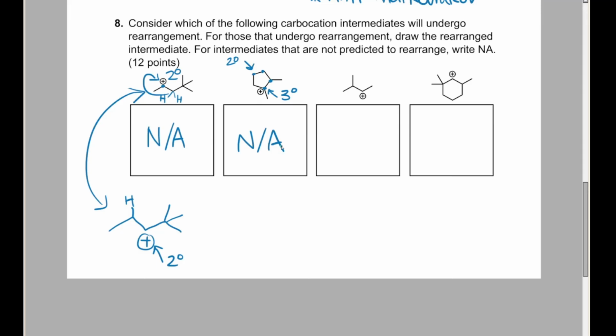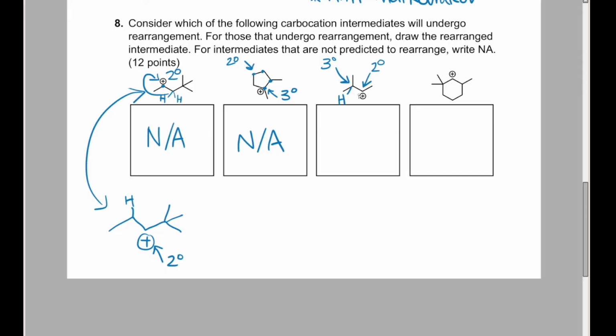For the third carbocation, this one will rearrange because, as you can see, the original carbocation is a secondary carbocation, whereas this potential carbocation is only one carbon away, so it can shift. If the carbocation shifts over here, it'll be tertiary, which is more stable than a secondary carbocation. And in this case, we have these two methyl groups that could be moved, but we also have a hydrogen, because remember that carbon wants to form 4 bonds, so you can draw in the hydrogen.